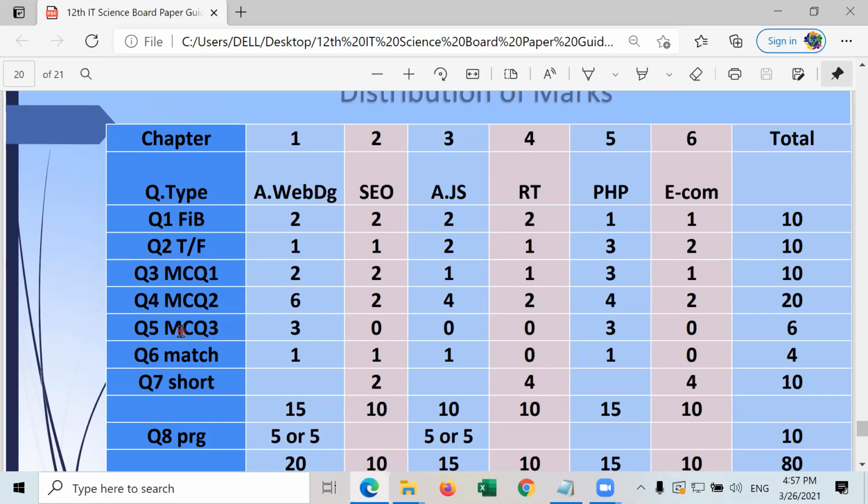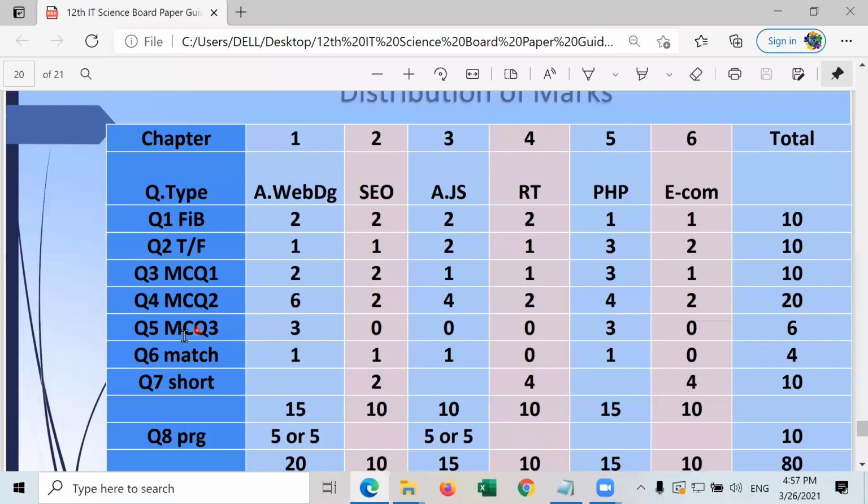Now look at question number 5. For question number 5, that is MCQ with 3 correct answers, you do not have to study second chapter, third chapter, fourth chapter, and sixth chapter, because there are no marks allocated for these chapters for this question.